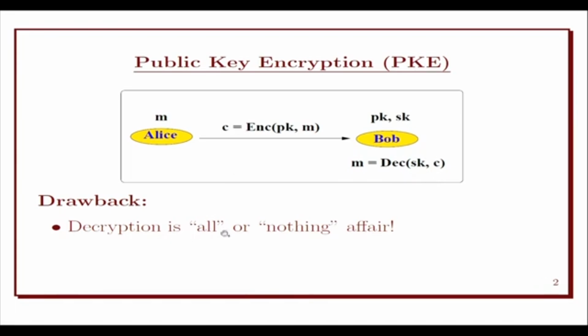So decryption is all or nothing. Bob will not get any partial information. If this is the correct key SK, Bob will get the whole message, otherwise Bob will not get any information. This is one of the drawbacks of the public key encryption scheme.